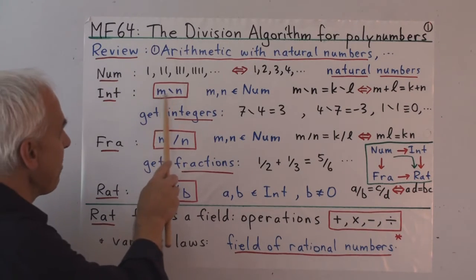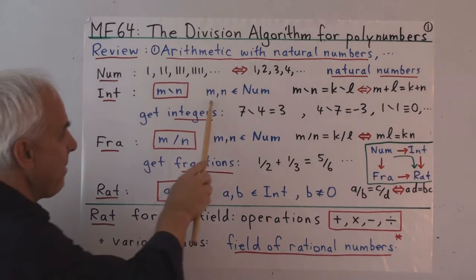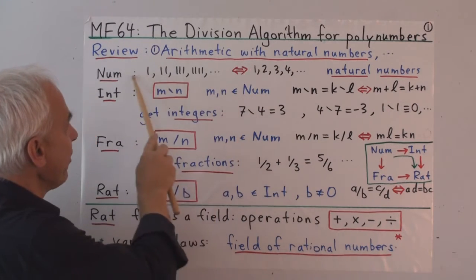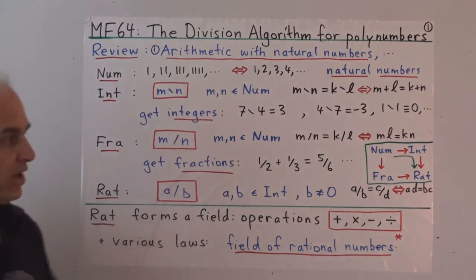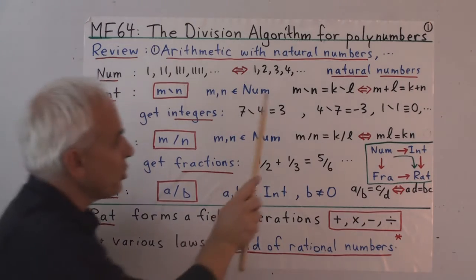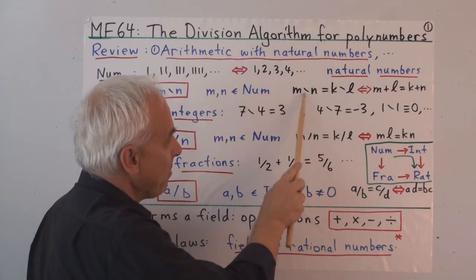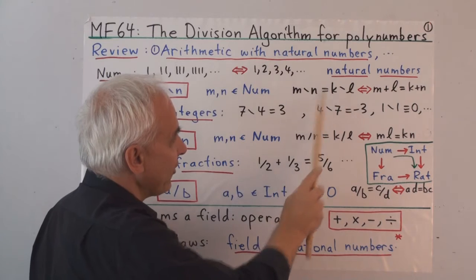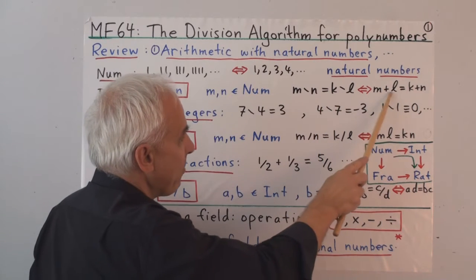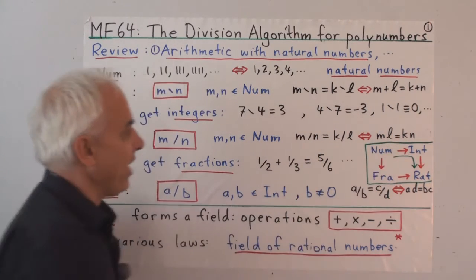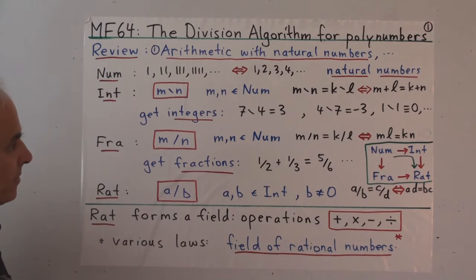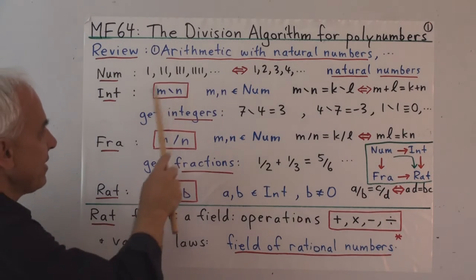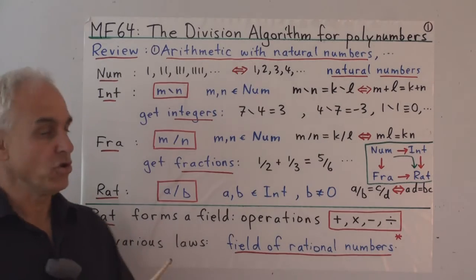We say that this is m less n, and m and n are natural numbers. These are the things we've defined at the first stage. And there's a crucial notion of equality, that m less n equals k less l, precisely when m plus l equals k plus n. So these objects then become the integers.